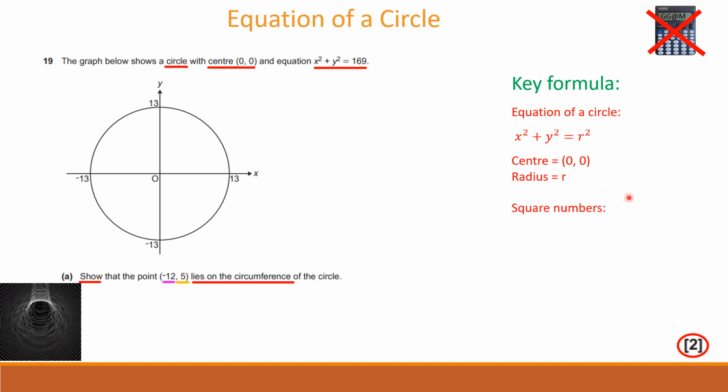You also need to know your square numbers, and this is a non-calculator paper and you'll be expected to know all your square numbers up to 15 squared without a calculator.